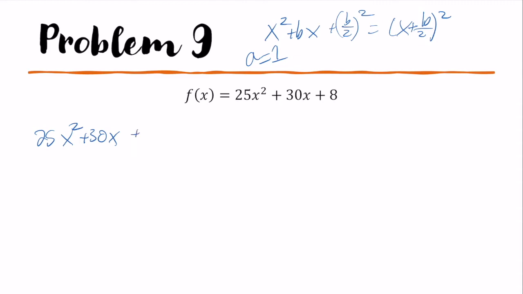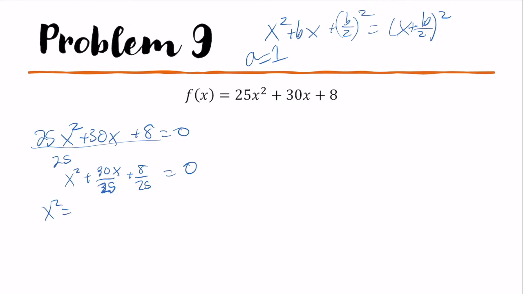We're experts, we got this. I have to divide by 25. Why? Because we need that leading term to be 1. So that gives me x squared plus 30 over 25 x plus 8 over 25 equals 0.